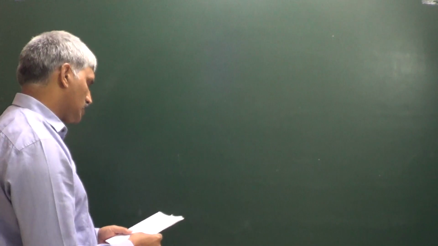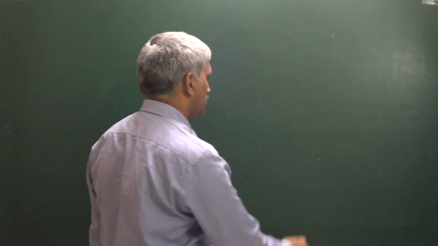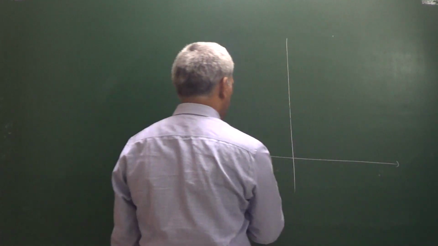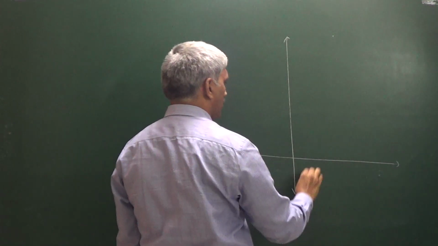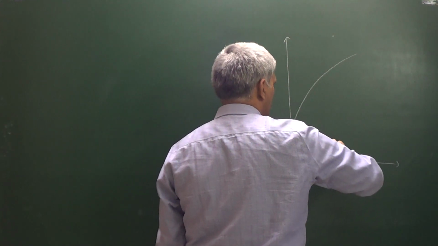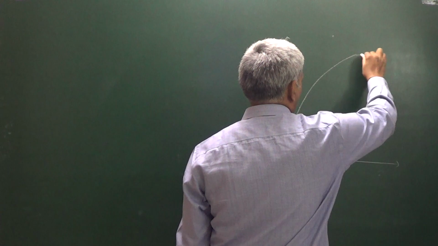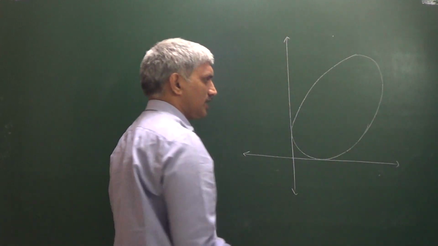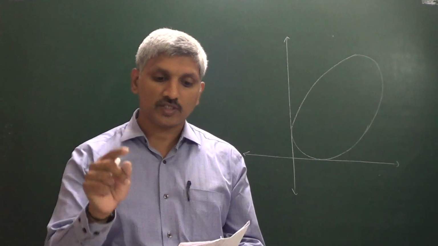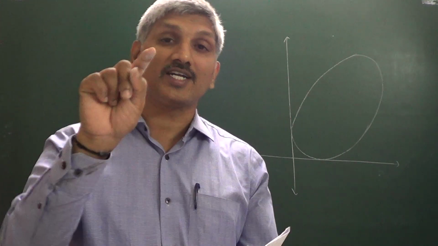The next question is asking in this way: an ellipse touches the x-axis and y-axis. He is saying the ellipse touches the x-axis and y-axis. This is an ellipse, let us say an oblique ellipse. Find the locus of its center.